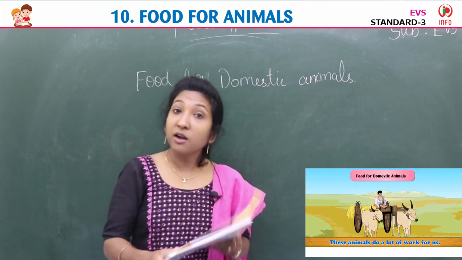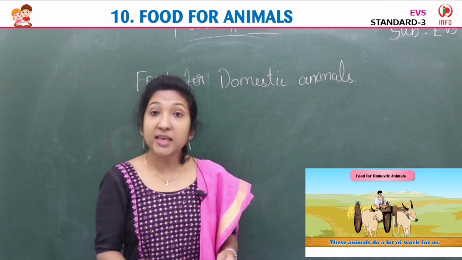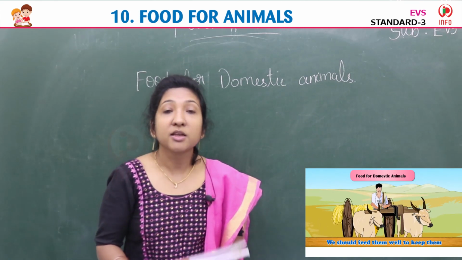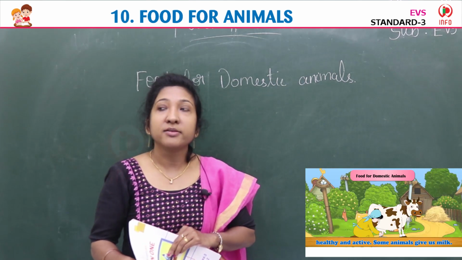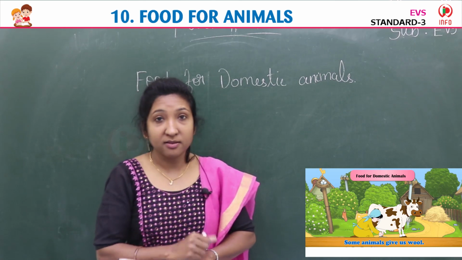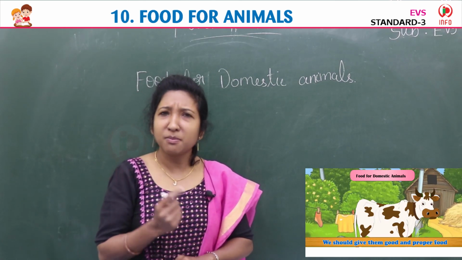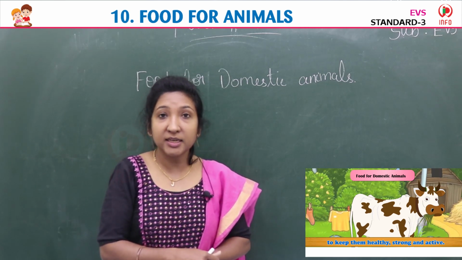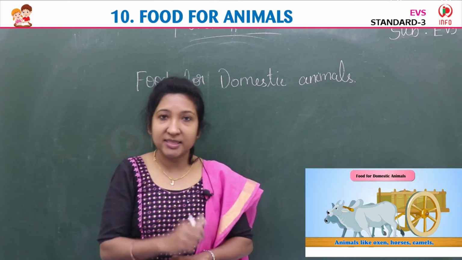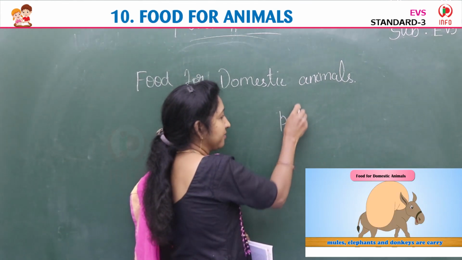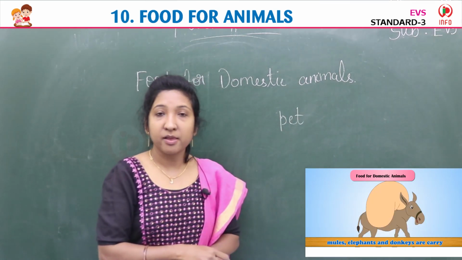Some animals are useful to us. We keep such animals in our houses or farms. In houses we keep some animals as our pet. We keep dog, cat, some love birds we say, isn't it? As pet, rabbits, isn't it? They are all our pets we say, pet animals, isn't it?